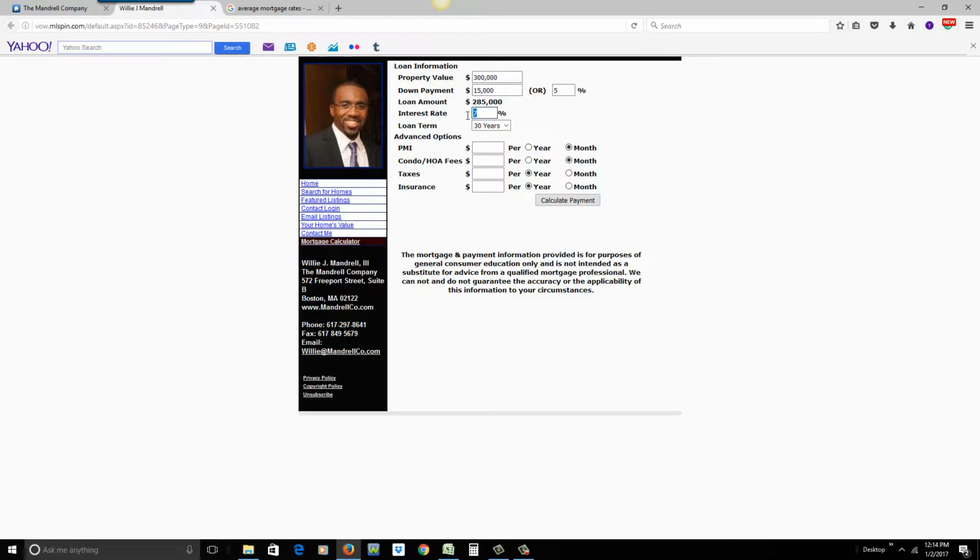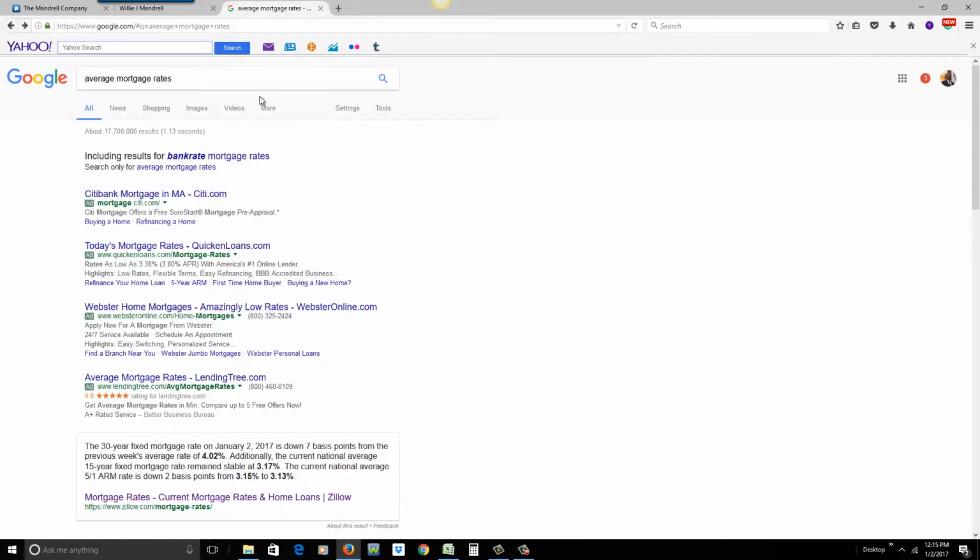In terms of the interest rate, they're asking you, what is your mortgage interest rate? If you've spoken to a mortgage broker already, you should have a very good idea of what interest rates currently are and what you could expect. If you have not, and you just want to play around with it, what I've done is go to Google and type in average mortgage rates.